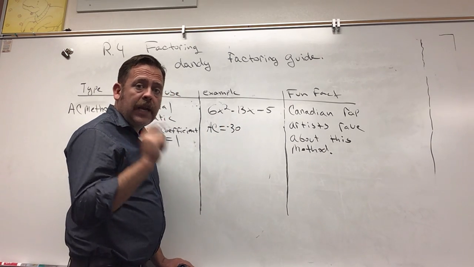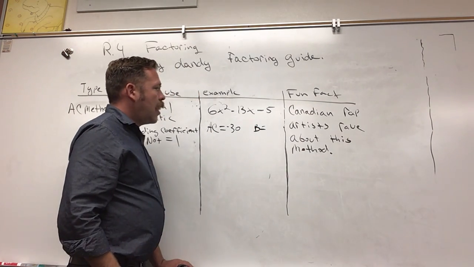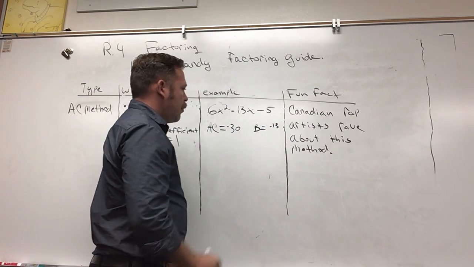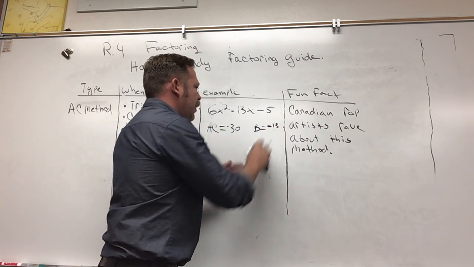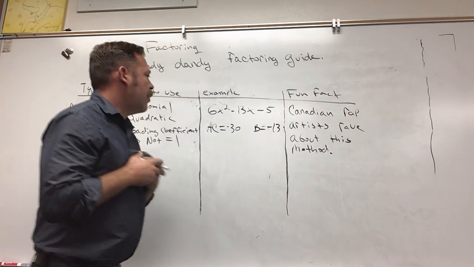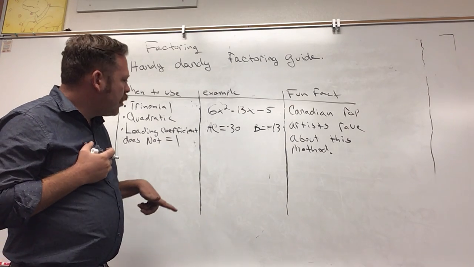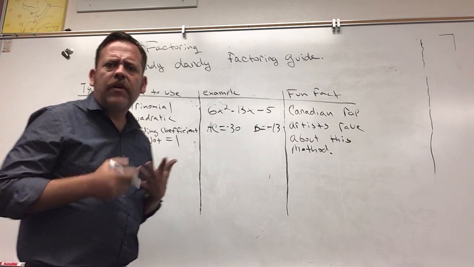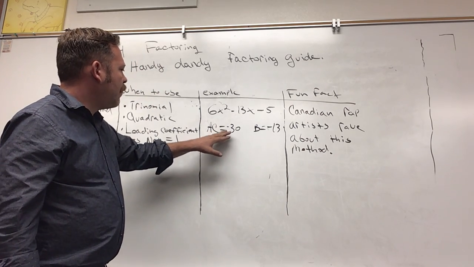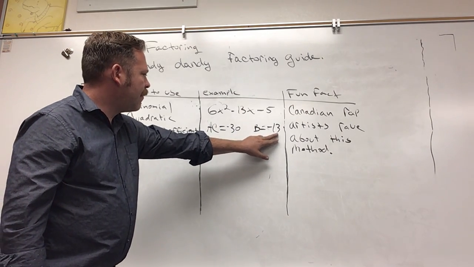And then my B value is equal to negative 13. I'm going to write that nice and legibly for you. Now, the next thing is we have to find two numbers, and you might want to write this down. I'm going to pause it for a second so you can write this down. We have to find two numbers that multiply to negative 30 and add to negative 13.